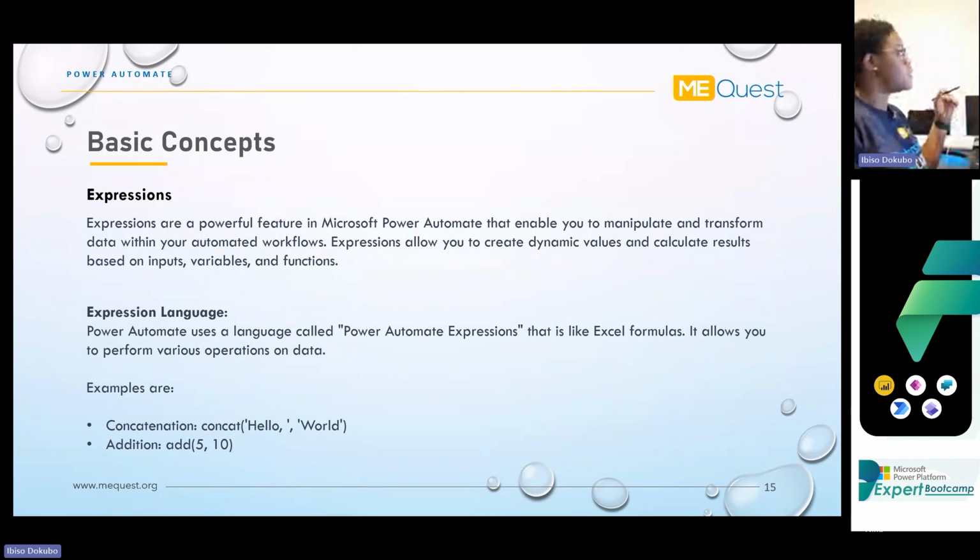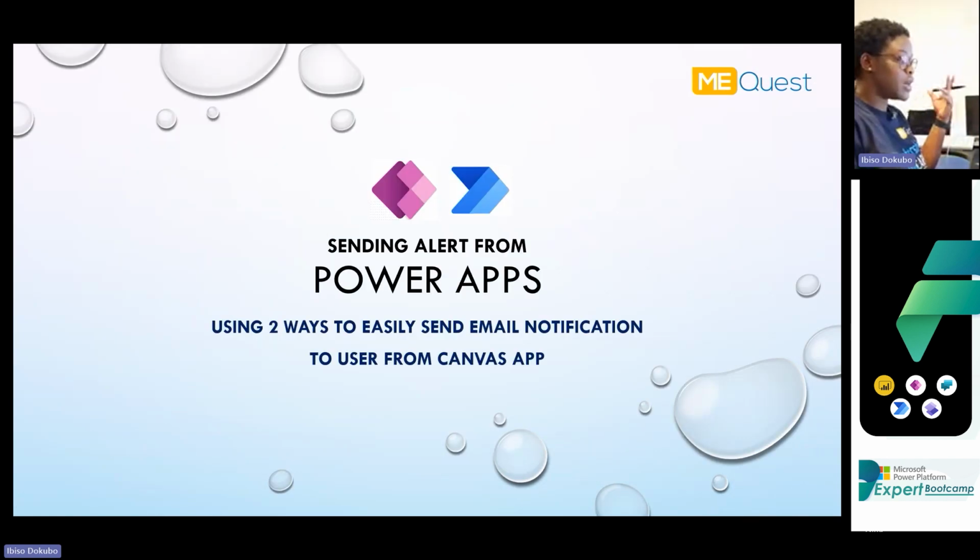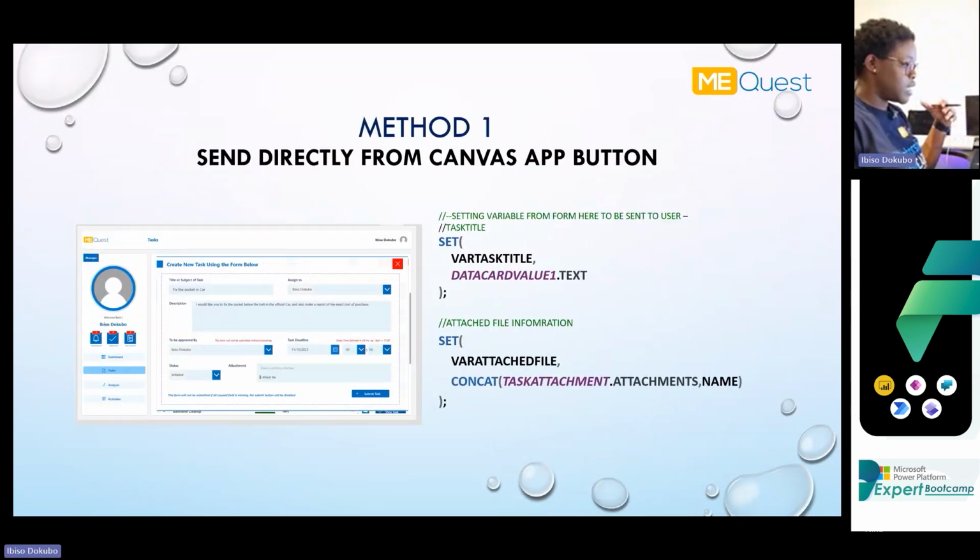We have that in a lot of our Power Platform. In our Power Apps, we have where you can add different words together to make one. And also we can actually perform addition even in, what's the name, Power Automate. Those things, we really don't need much, except you're building an app or you're trying to write an automation that will be able to calculate stuff, right? So, moving too fast because I'm trying not to exceed our time.